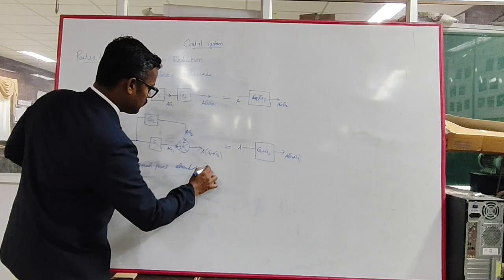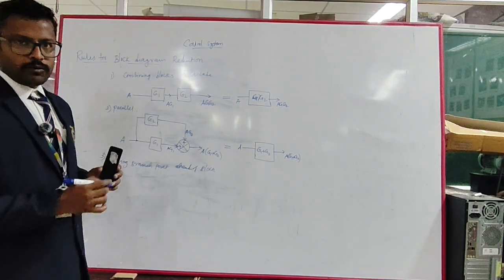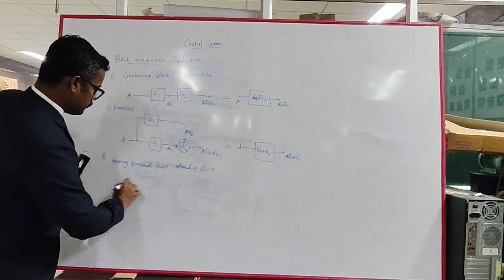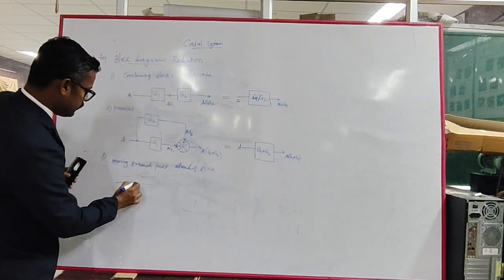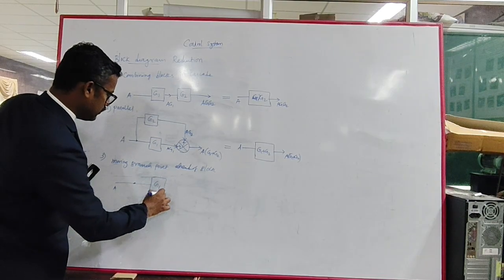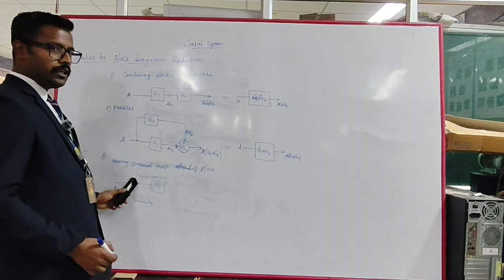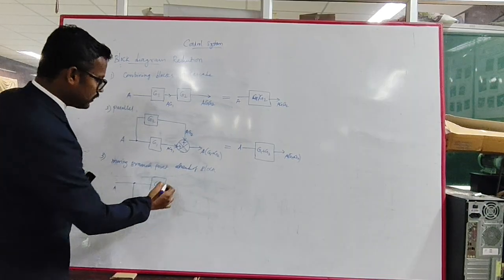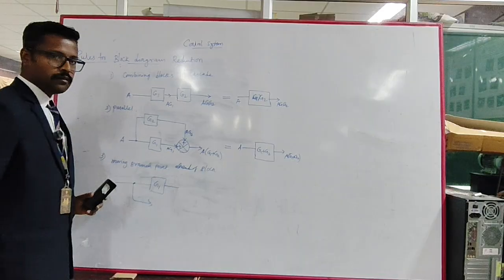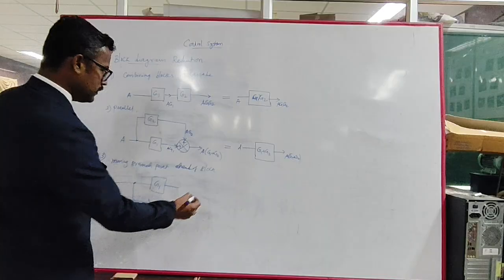So you know the branch point, and we are moving it ahead. We already saw that the signal A is given to the block G1, and I am tapping something. Instead of taking it here, I am taking it after the block; ahead means after the block. So what will happen when we are moving it after the block?